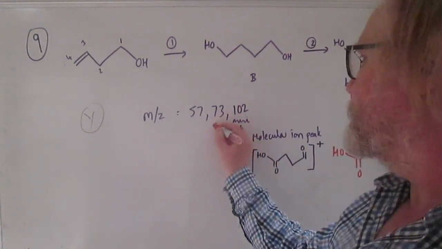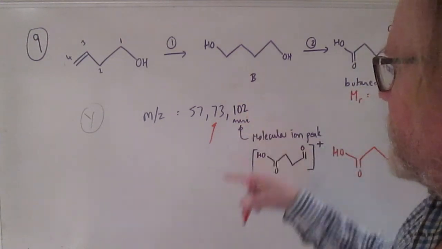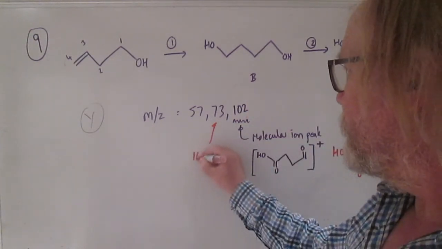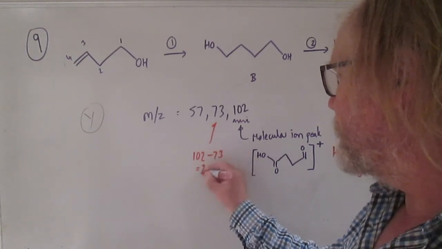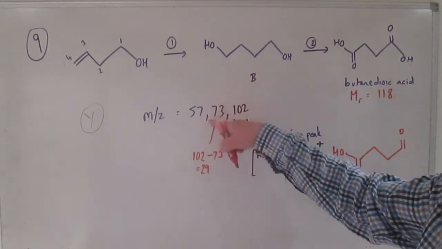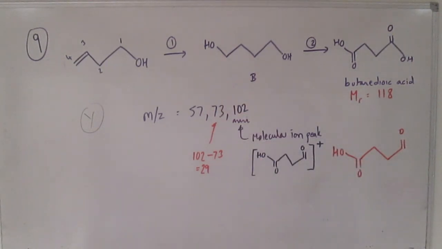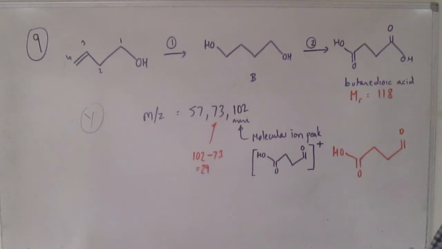So for this one we'll say, we know that the total Mr is 102, so 102 minus 73 is equal to 29. What that means is that we can get an ion with a mass of 73 if we can somehow lose 29 from that molecule. So how might that work?